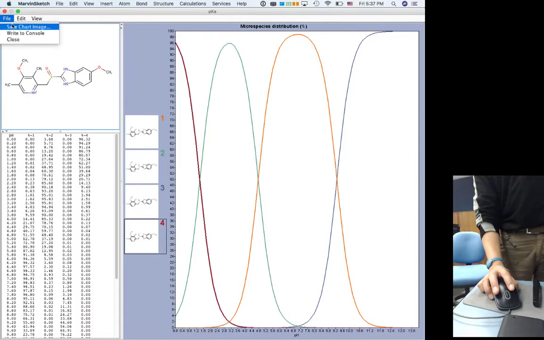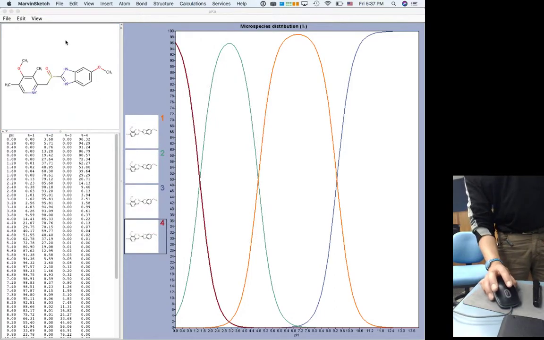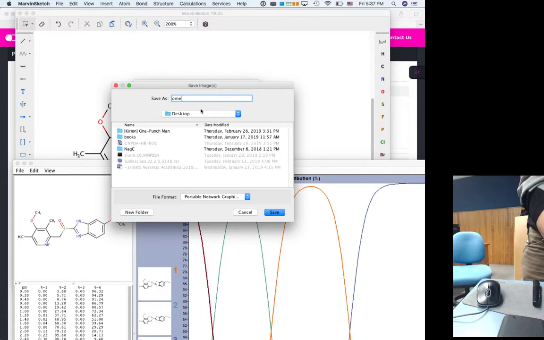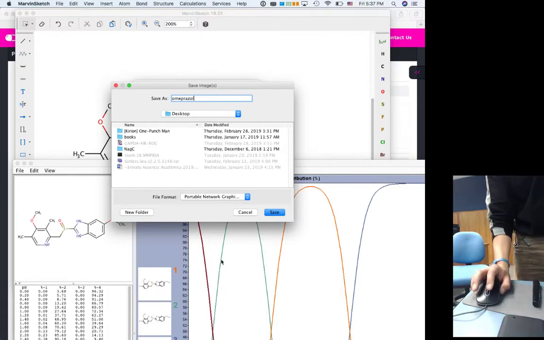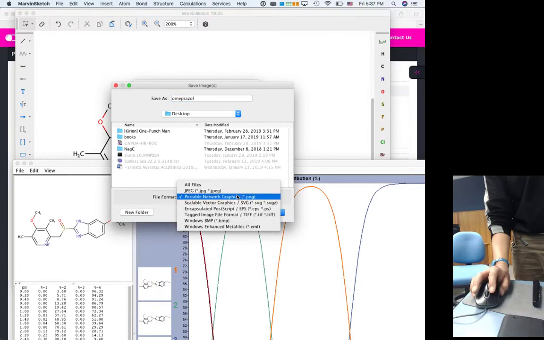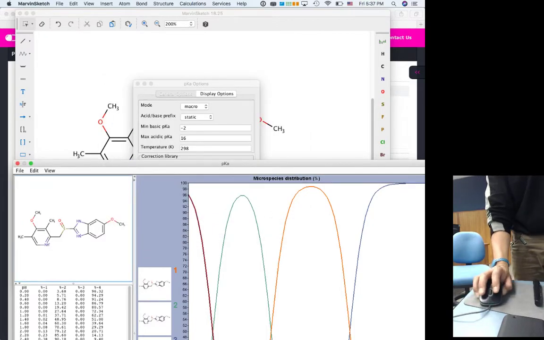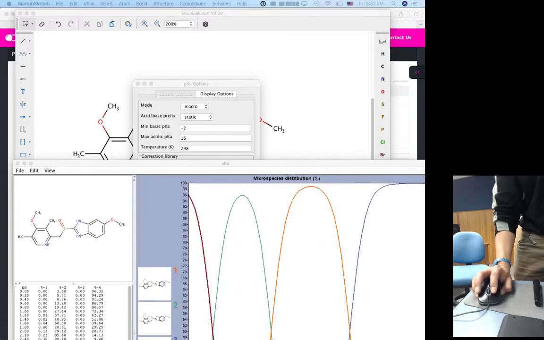Save chart as image. Omeprazole. It's gonna be saved as a PNG, which is probably cool enough. If you put it on social media, hashtag omeprazole.